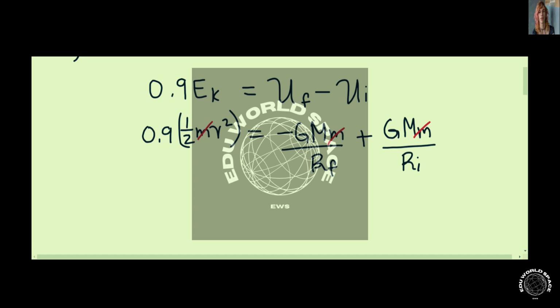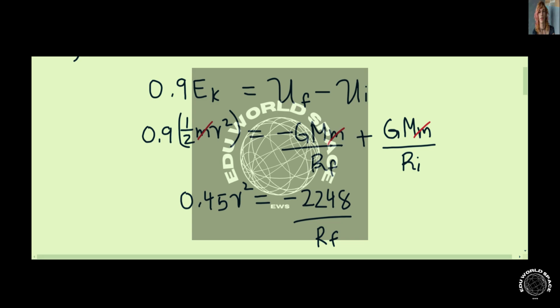So that makes things a little bit easier here. Now, on the left-hand side of the equation, we can consolidate this. So 1/2 times 0.9 is going to be 0.45 v squared. We can substitute in G and the mass that we found for the comet. That gives a value of 2,248 over RF. RF is what we're trying to find, right?